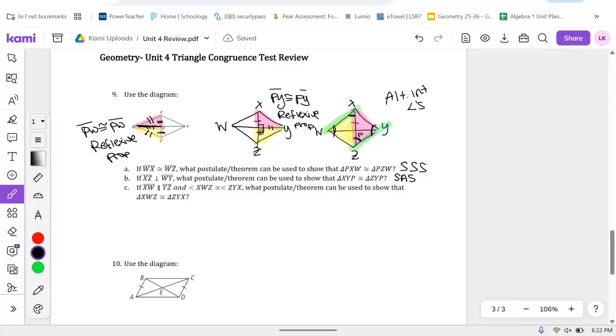And of course, XZ is congruent to XZ, again, based on the reflexive property. So I have angle, angle, side. So it's angle, angle, side.